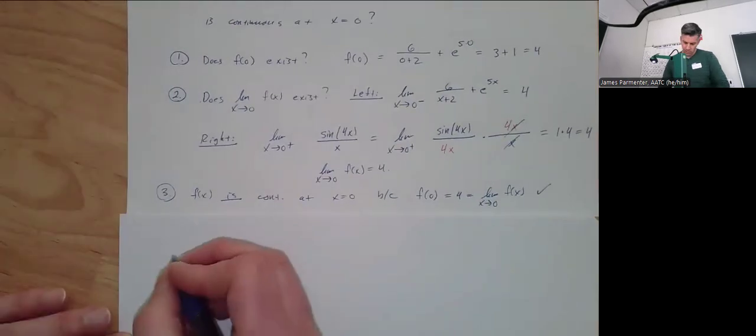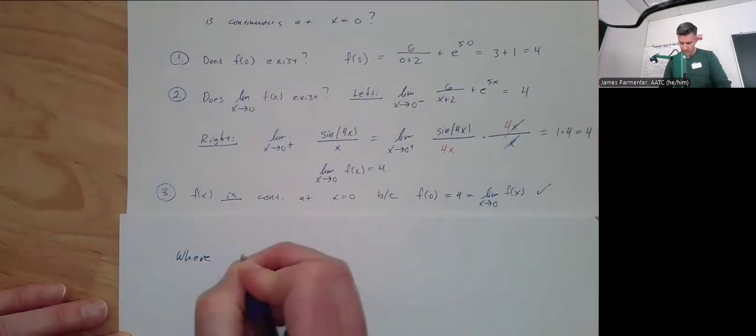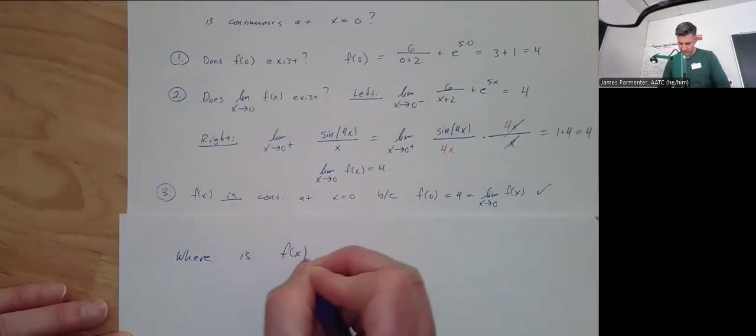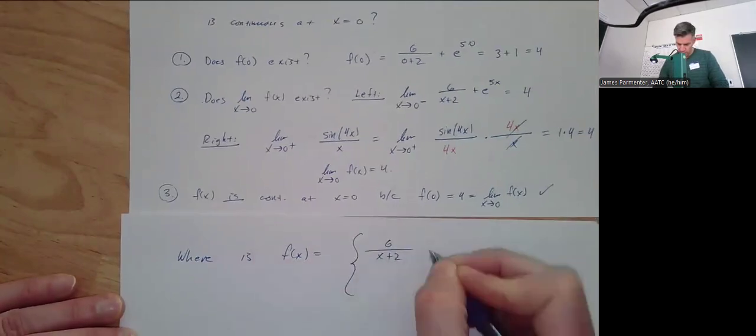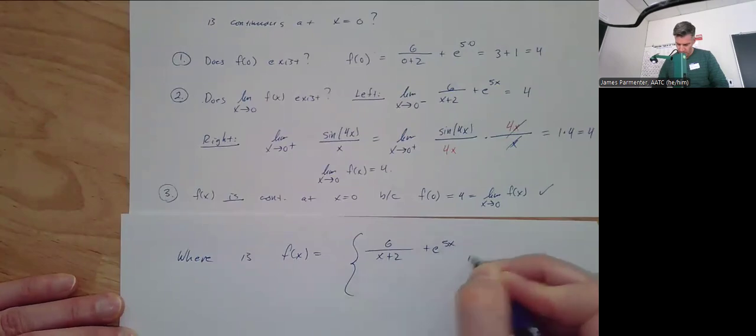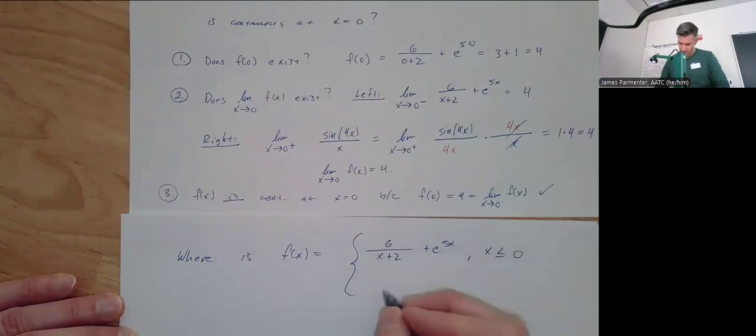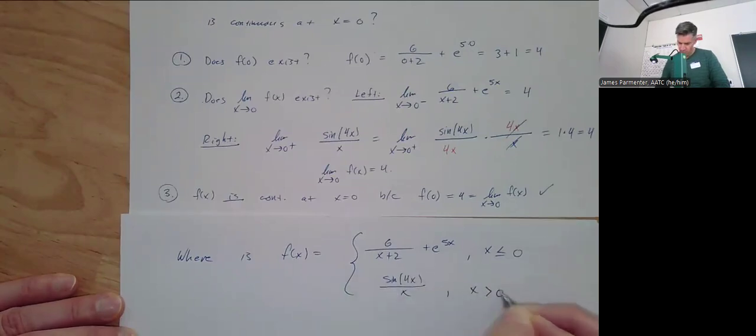let's see here. Where is this function f of x equal to 6 divided by x plus 2 plus e to the 5x when x is less than or equal to 0, and sine of 4x over x when x is greater than 0? Where is this function continuous?